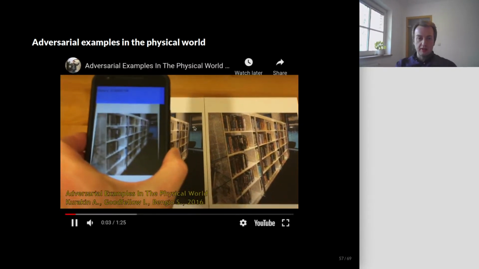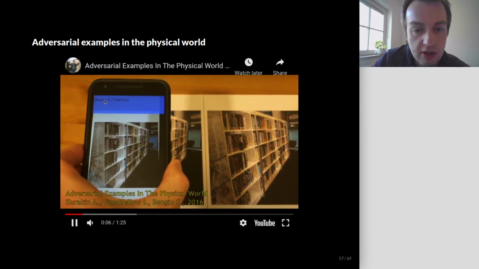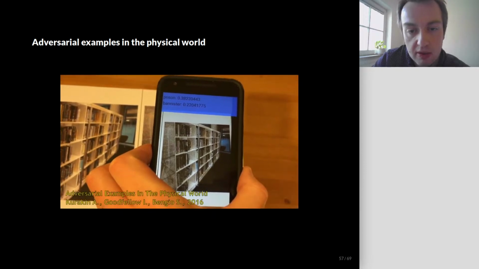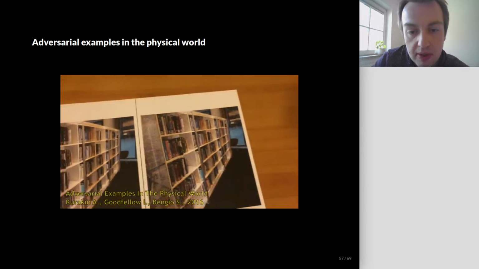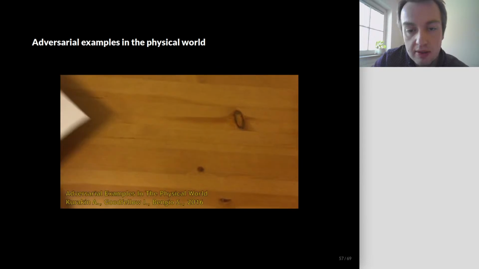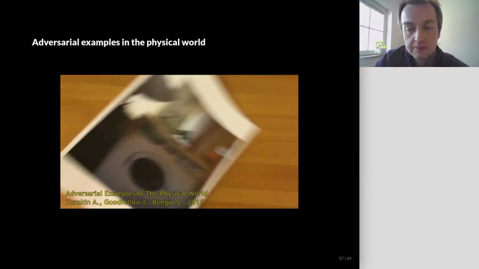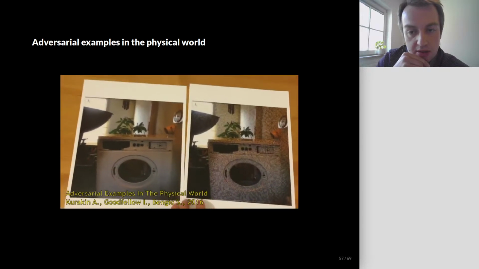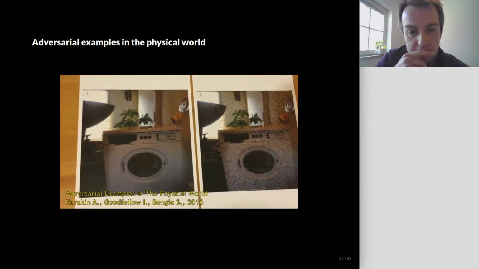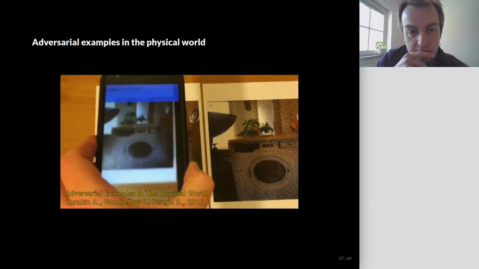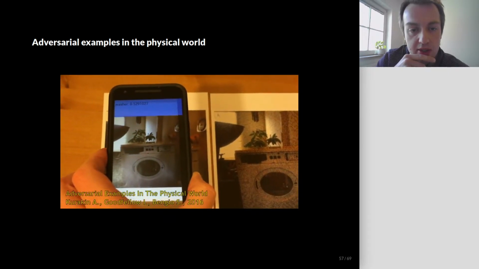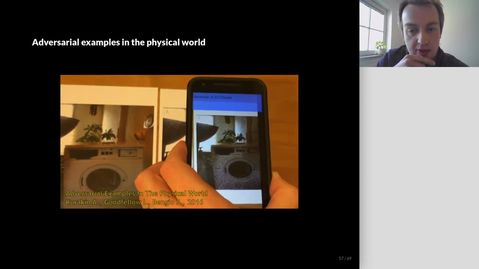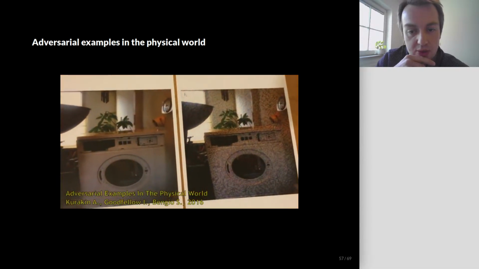So this should be predicted as library, and this is the correct prediction. But the adversarial version is now predicted as a prison. This is a washing machine. It's correctly predicted as a washer. But this one is a doormat, which is wrong.